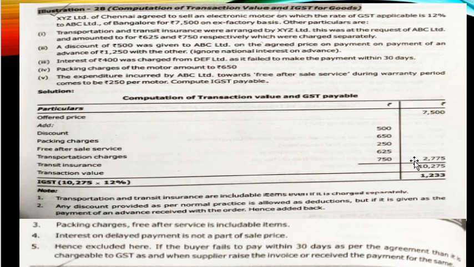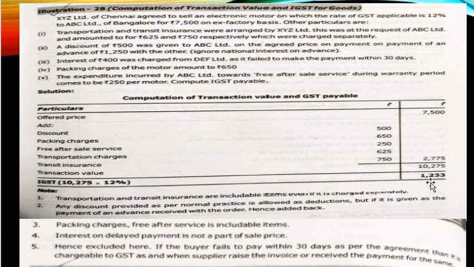So now we will add up our total expenses which is incurred, which is 500, 650, 250, 625 and 750, where we'll be getting 2,775. So now we will add up the offered price, which is 7,500 plus 2,775, which will give us 10,275. So the IGST is 1,233.